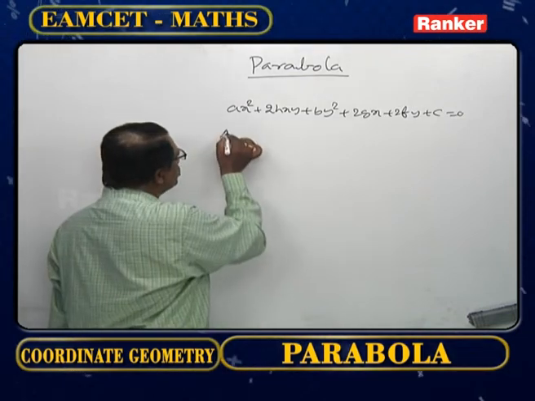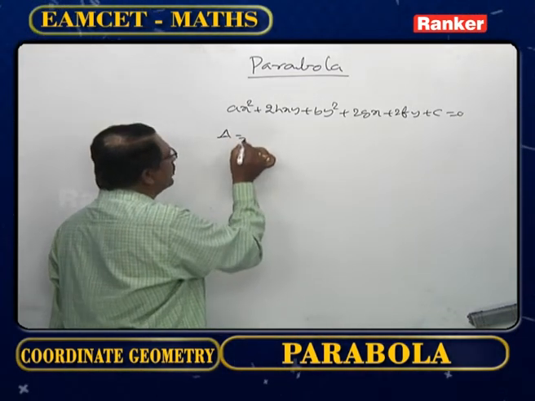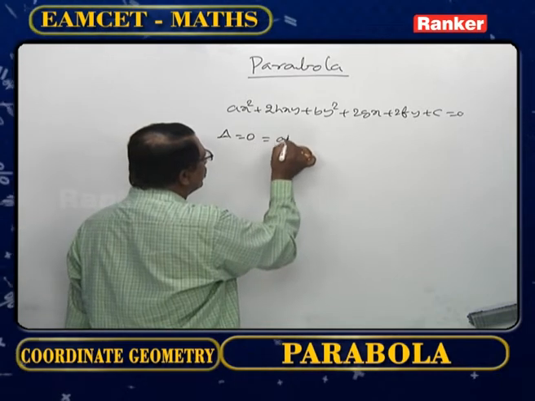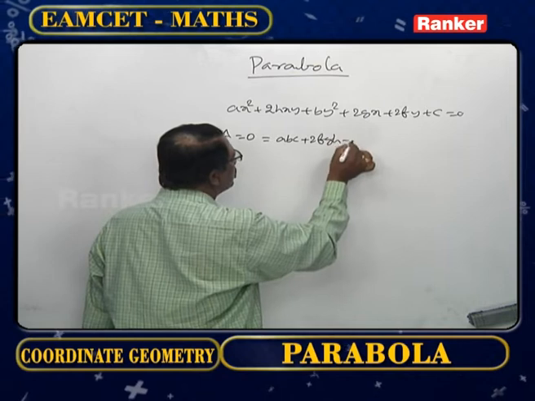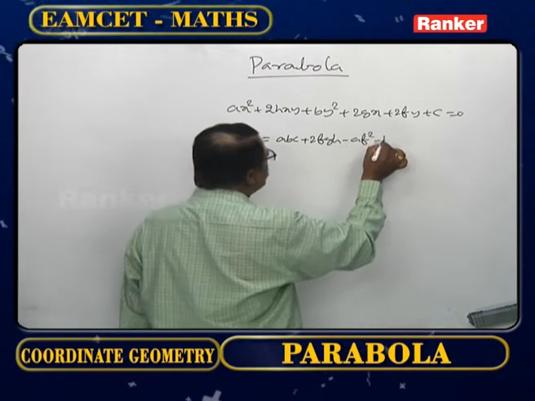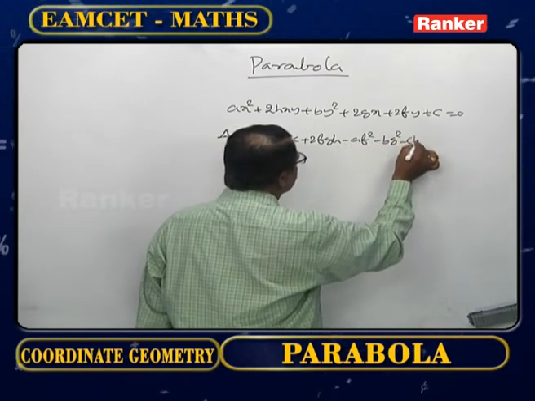First, delta equals 0, where delta is abc plus 2fgh minus af square minus bg square minus ch square.